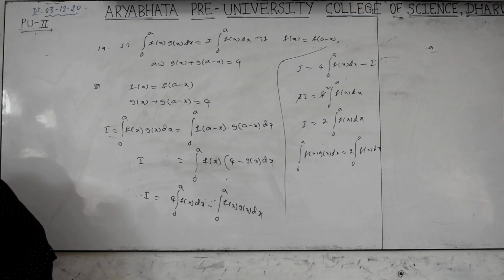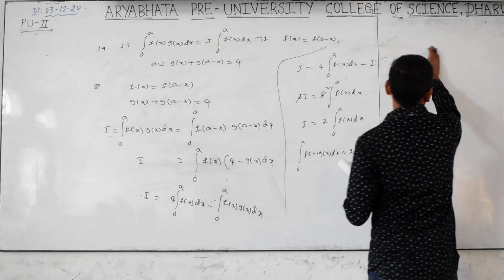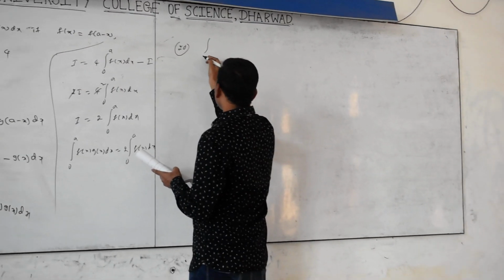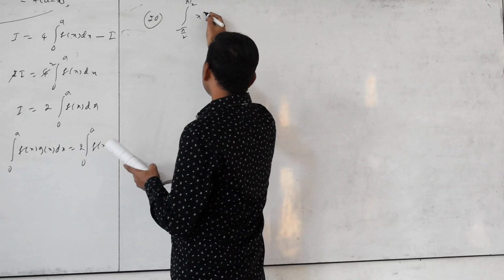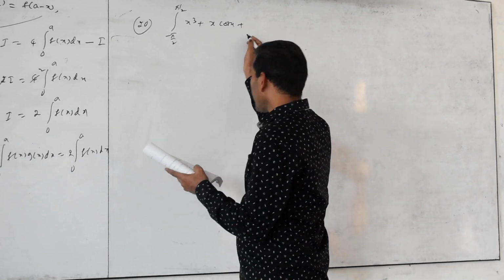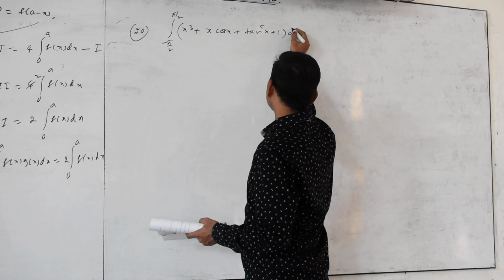Next one, question number 20. The value of the integration from minus pi by 2 to plus pi by 2 of x cube plus x cos x plus tan power 5x plus 1, into dx.